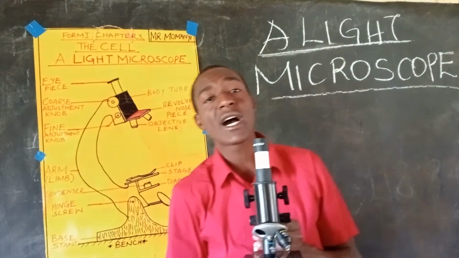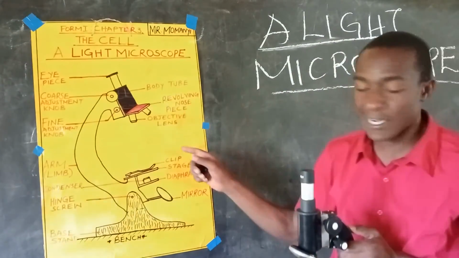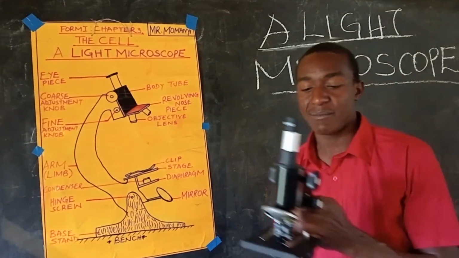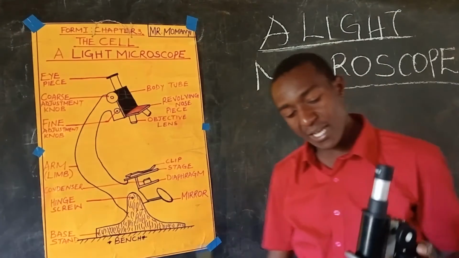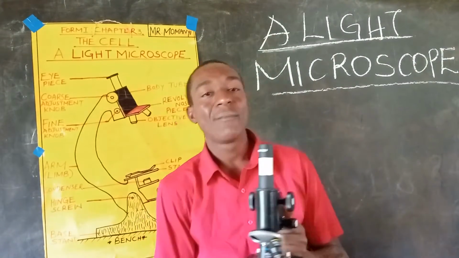So I want us to look at the parts, all of them, because already I have the diagram here, and I also have the live microscope that you can see here. These parts that I've drawn here are going to be seen physically on this microscope.